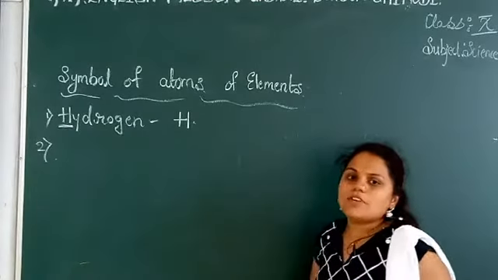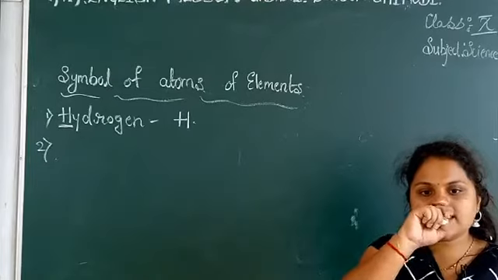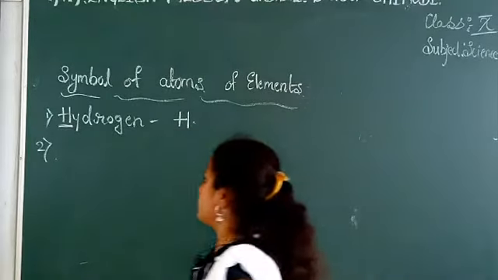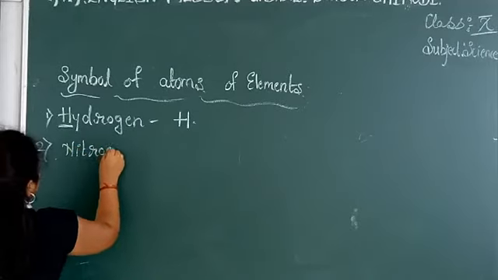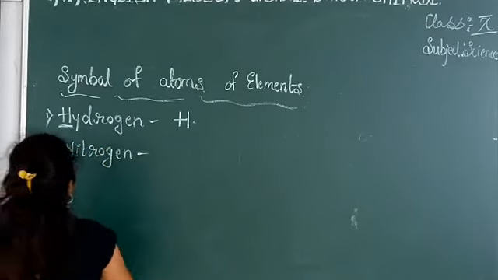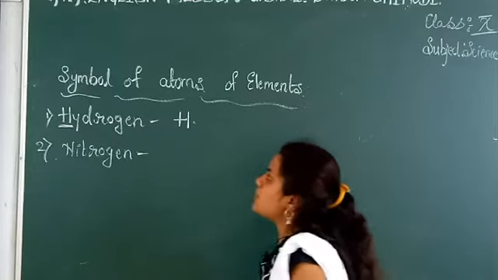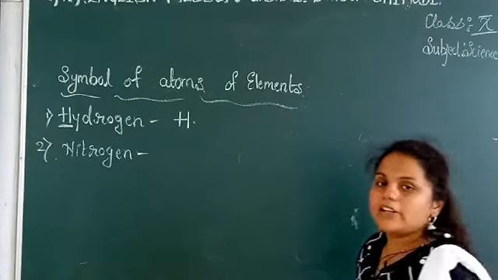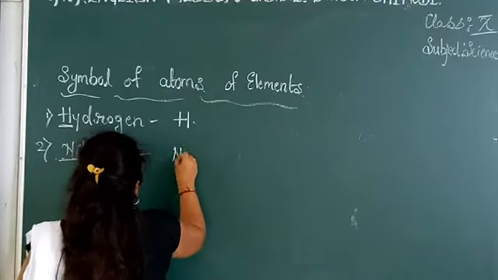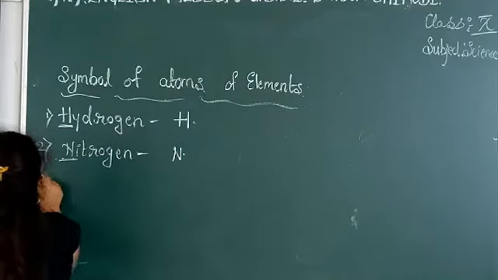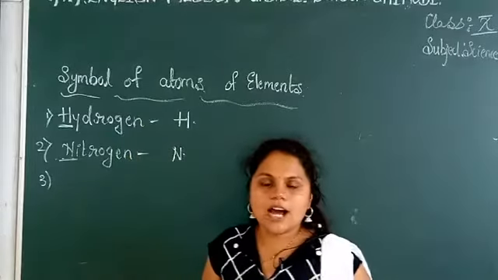Next, for example, nitrogen. Here I am taking certain examples so you get an idea about how to represent the elements. Nitrogen, how are you going to represent it? With the help of capital letter N. The third one is carbon.